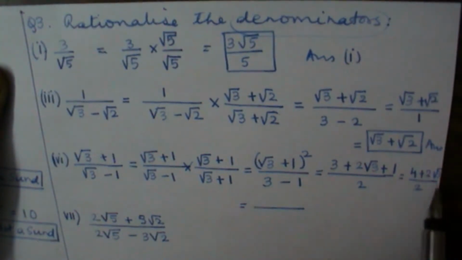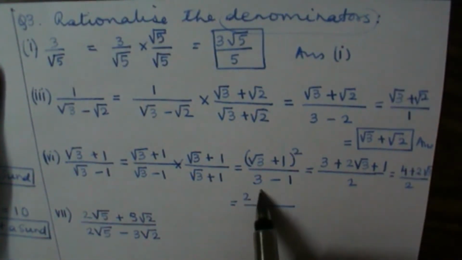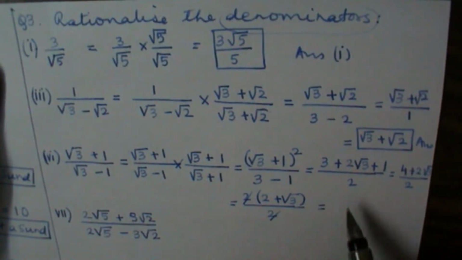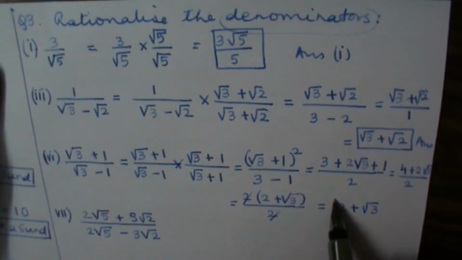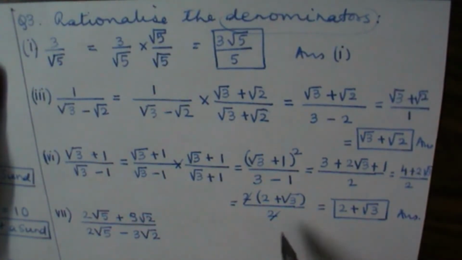In the numerator there is 4 here and 2 here, so it becomes 2 into bracket 2 plus root 3 upon 2, which got cancelled, and it will be 2 plus root 3. And that is your answer. Denominator is upon 1. It has been rationalized.